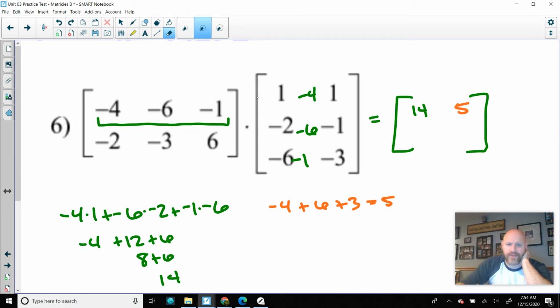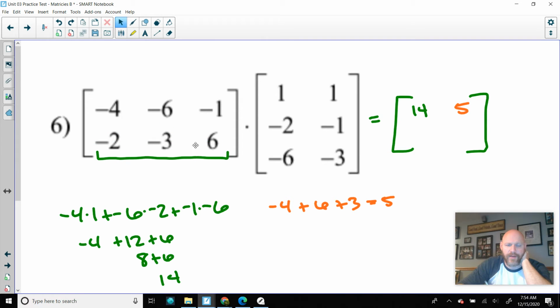Now what we're going to do is we'll get rid of that row. We'll grab the second row right here. We'll pick that up, bring it over, and drop it in so that I end up with a 6, a negative 3, and a negative 2.